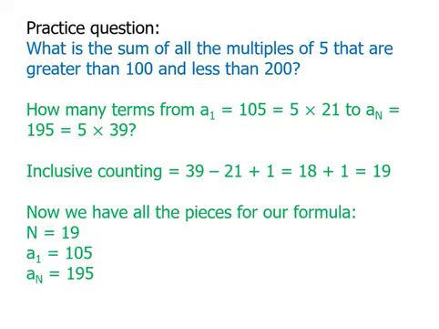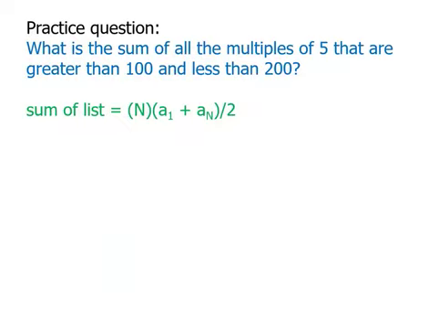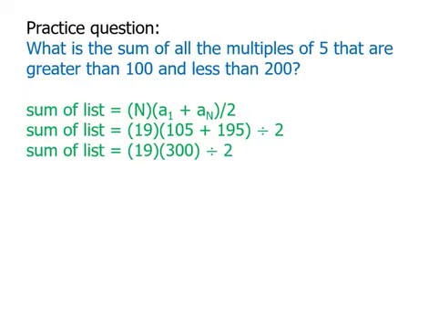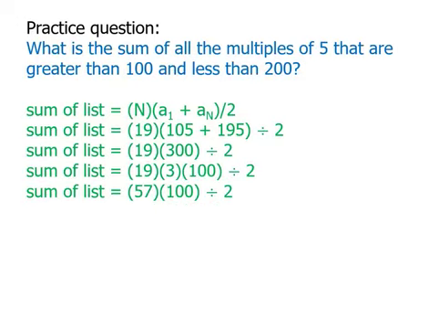Now we have all the pieces for our formula. n equals 19, a sub 1 equals 105, a sub n equals 195. So we're going to plug this into the formula. I'm going to do the following. First of all, I'm going to add the first and the last term and get 300. That's a nice round number. I'm actually going to factor out the 3 and multiply it by the 19, so we get 57 times 100 divided by 2.